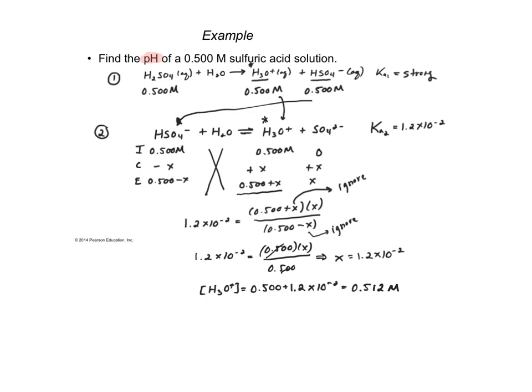And now, if I want the pH of this solution, I would take the minus logarithm of this number, right? So pH is equal to minus log of 0.512, which gives me a pH equal to 0.029. So a fairly acidic solution. Yay.